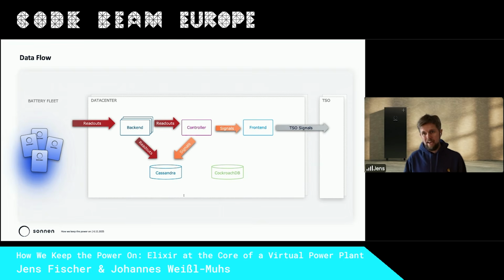So these are things like power meter readings, power meter readings from the grid connection point, the frequency of the power grid, capacity of the battery, the current state of charge, things like these.